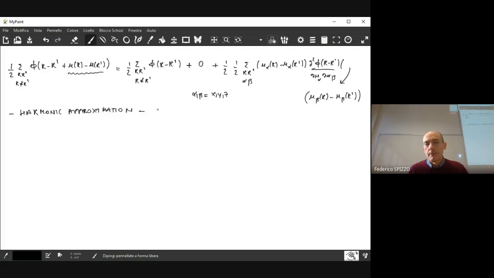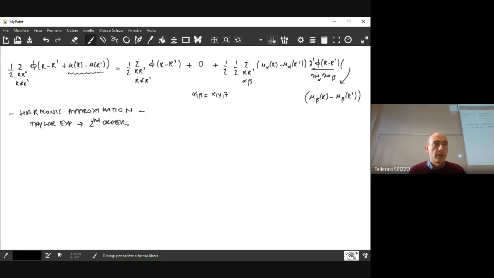And harmonic approximation means that the Taylor expansion is performed up to the second order. So one tries to neglect the orders of approximation that are higher than the second one. Is this a problem or not?